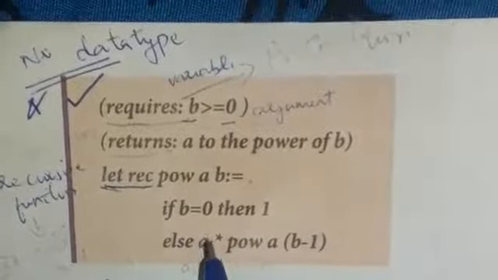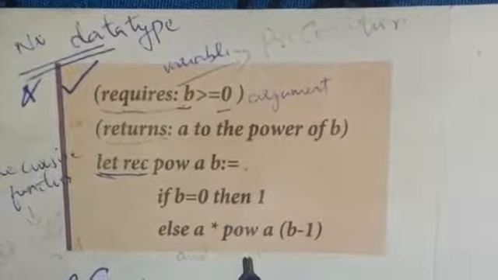But by default, the condition is given as if B is equal to 0, then 1. Here the value used is an integer value, so it will assign the data type as integer and produce the answer in the form of an integer. This is parameter without type.